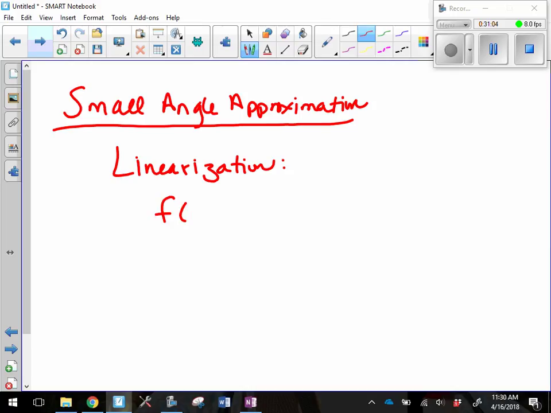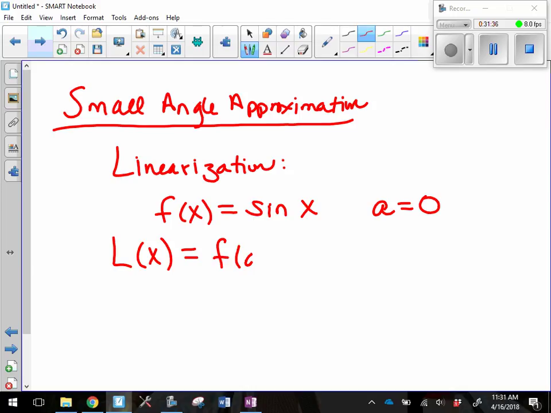So if my function f of x is equal to sine x, and I set my approximation around 0, then you may or may not recall, but the linearization is f of a plus f prime of a times x, right?